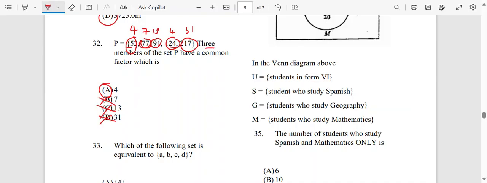So let's go again. Let's see. Divide by 7. So this can also be 7. 7, 7.